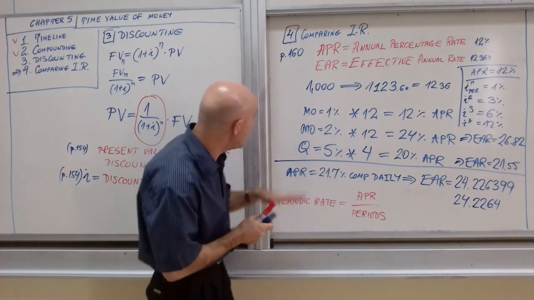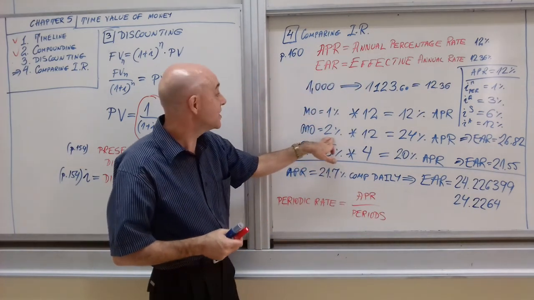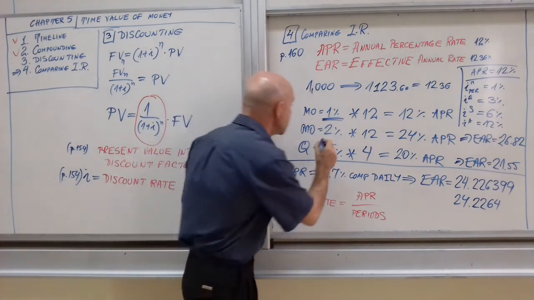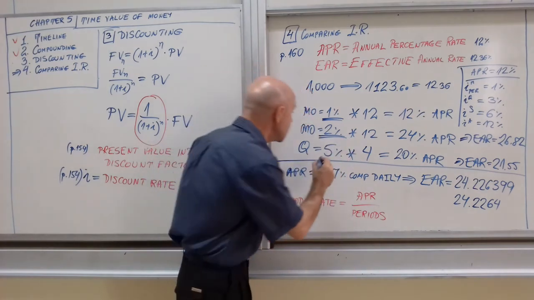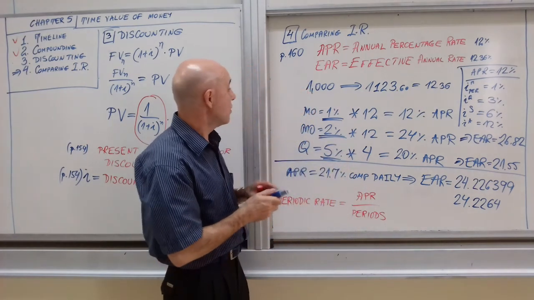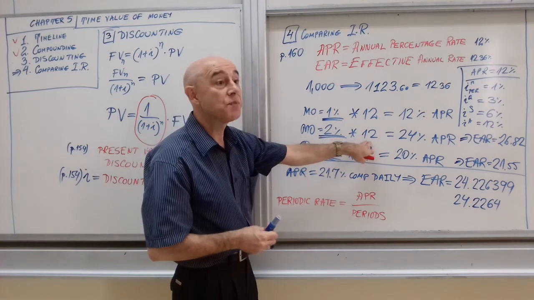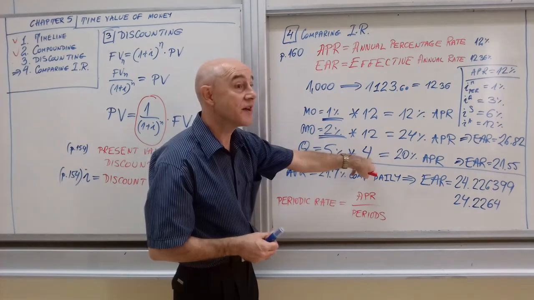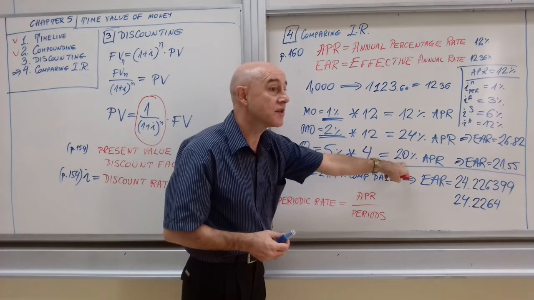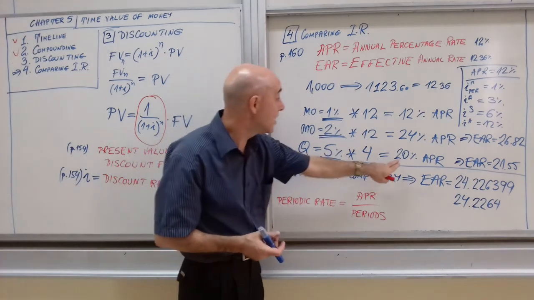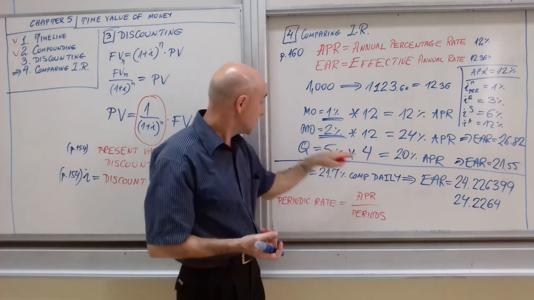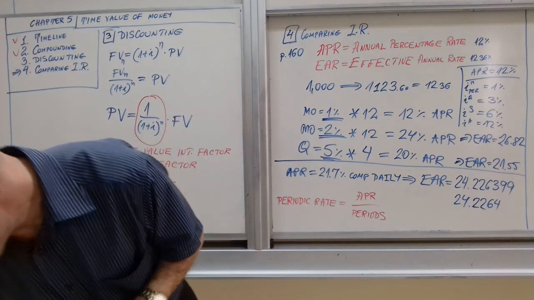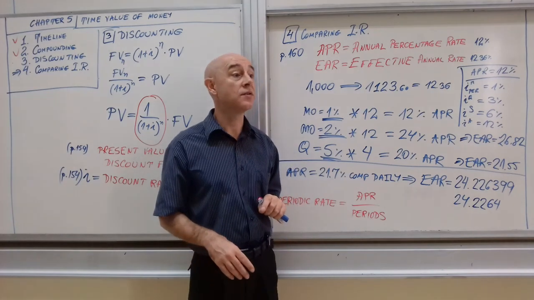All right. Here, you see, this is 2%. That's the periodic rate. So, you get the periodic rate, multiply the number of periods, and you get 12. Okay? That's the APR. It just has a name. And that finishes all. Okay?